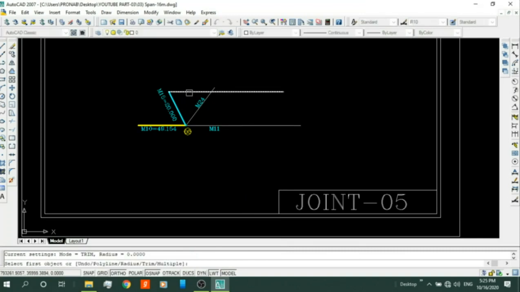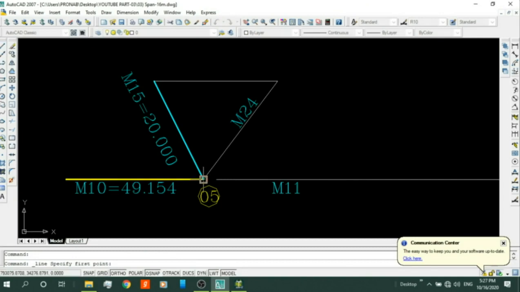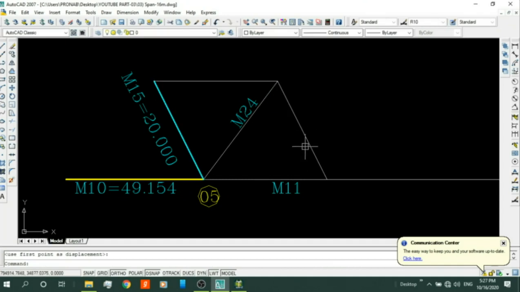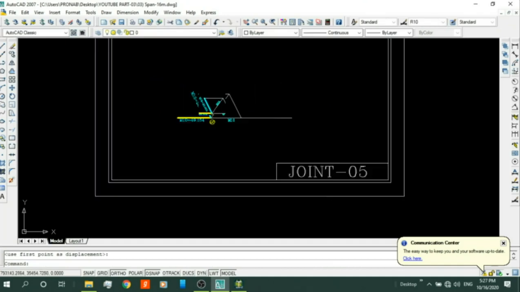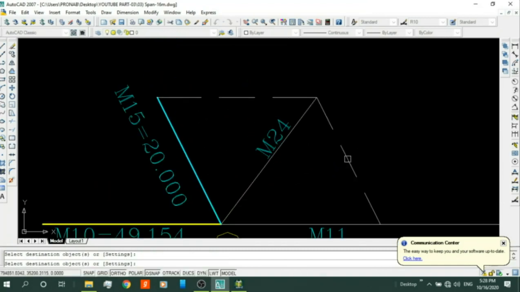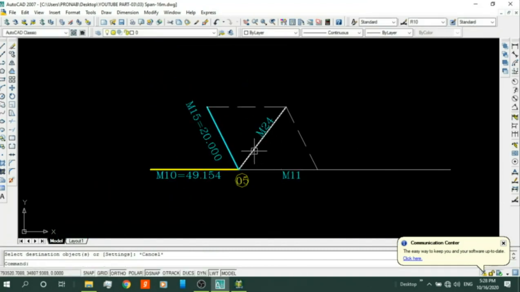Draw a parallel line of this line, copy, move, place it here. These two are the sides of a parallelogram. This member, M24, is a member in compression.